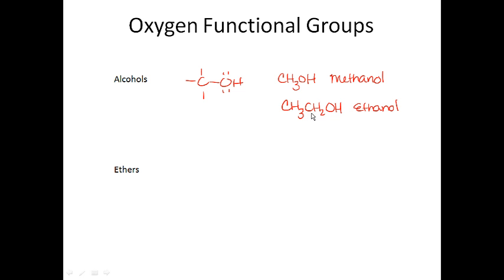So these are just 2 examples. A third example would be isopropyl alcohol, or in the lab, if you had the unknown, 2-propanol. Isopropyl alcohol is what we call rubbing alcohol.